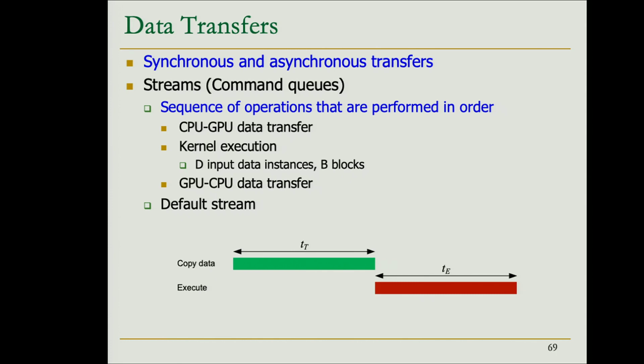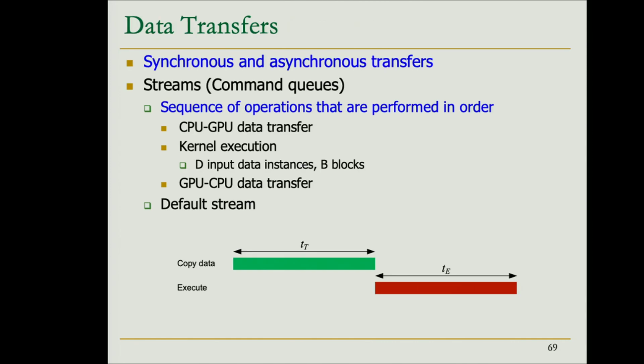The good thing is that in some cases, the data that I'm transferring in this part is going to be computed independently of the data that I'm going to transfer in the rest of this time.